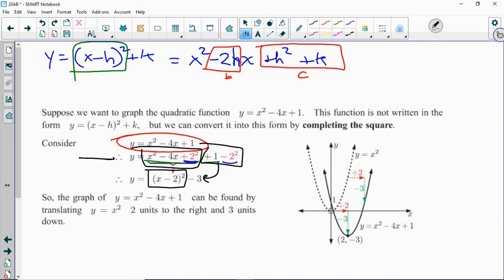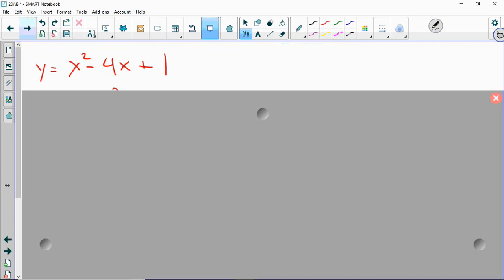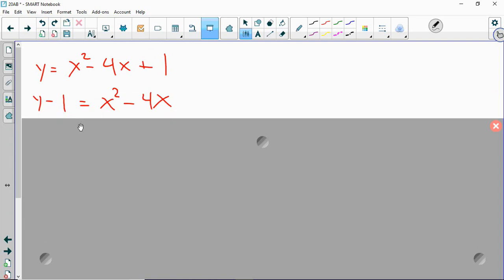But again, I don't really like how they showed their work there, so this is how I would have explained completing the square previously. We've got y equals x squared minus 4x plus 1. I say, first step, make sure you have 1x squared, which we do. Next step, move the 1 over to the other side. So we've got y minus 1 equals x squared minus 4x.